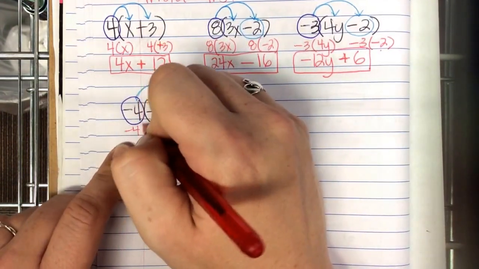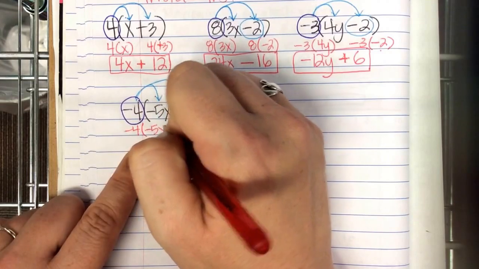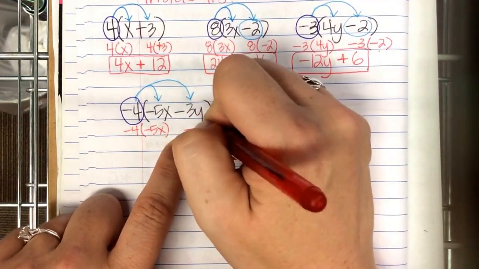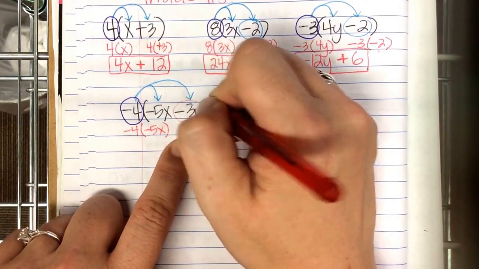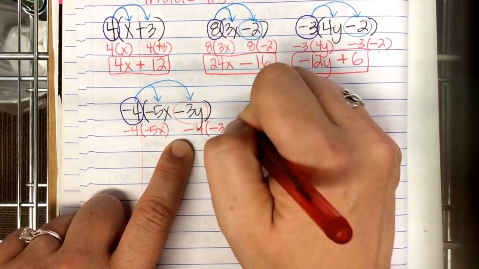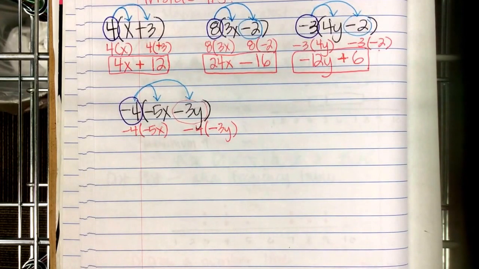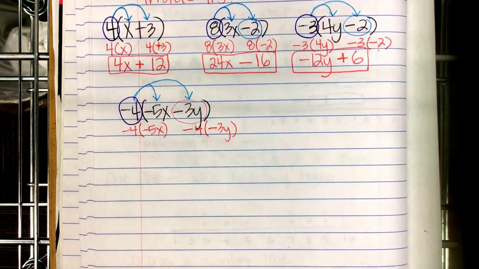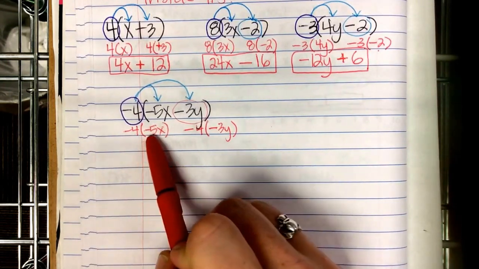Negative 4 times negative 5x, and I now have negative 4 times negative 3y. Don't forget about those negatives. It's so easy to drop a negative on accident. What's negative 4 times negative 5?